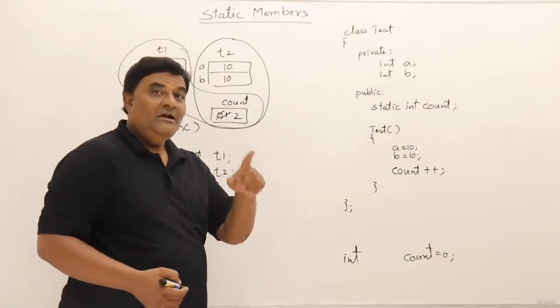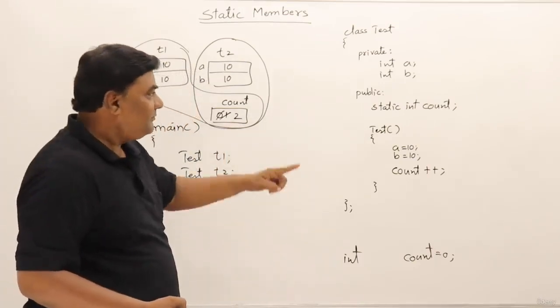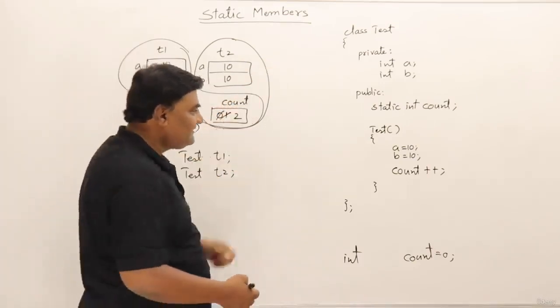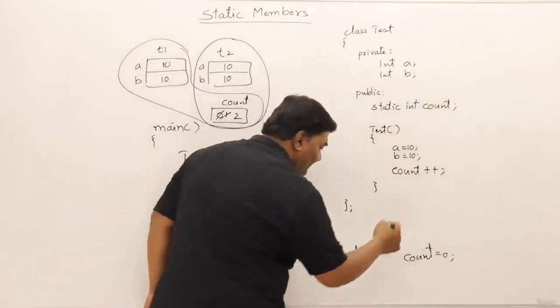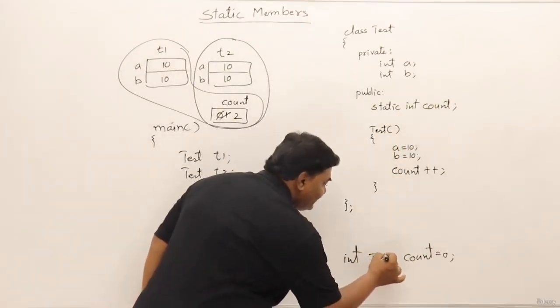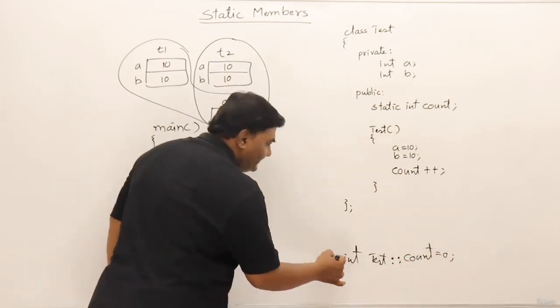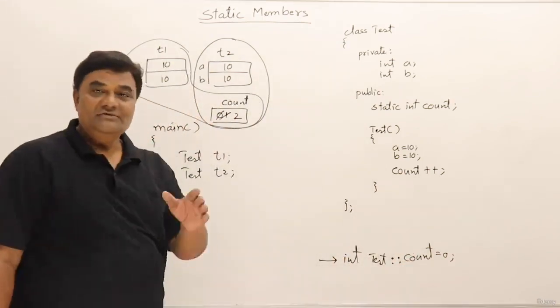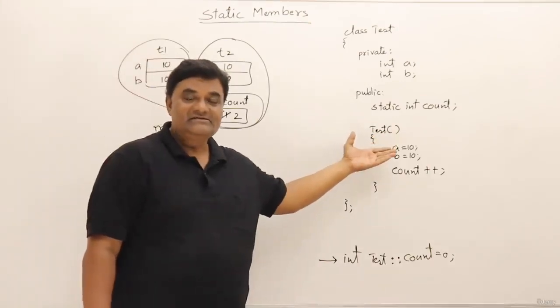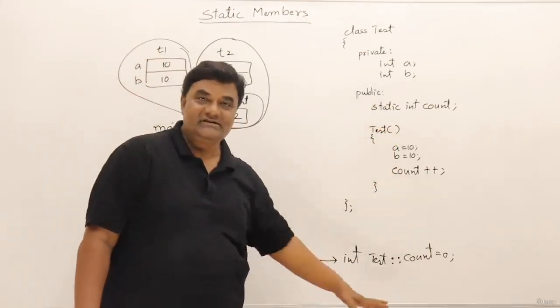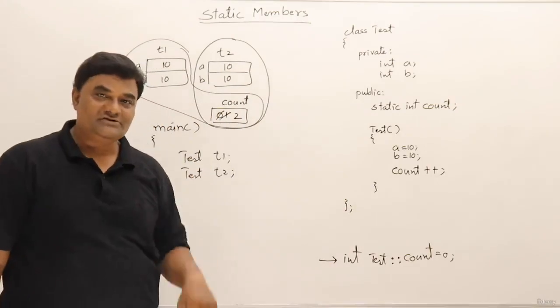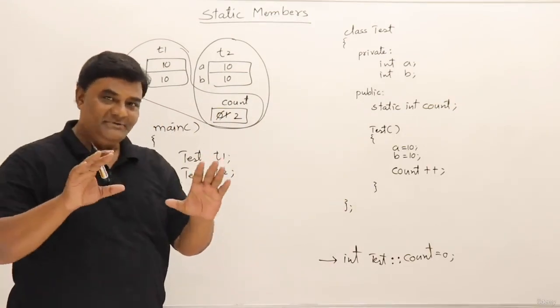Yes, a global variable, but we want it to be accessible only inside Test. So we write Test, scope resolution. This is the important statement. When you declare static members inside a class, that data member must be declared outside the class again, using scope resolution.